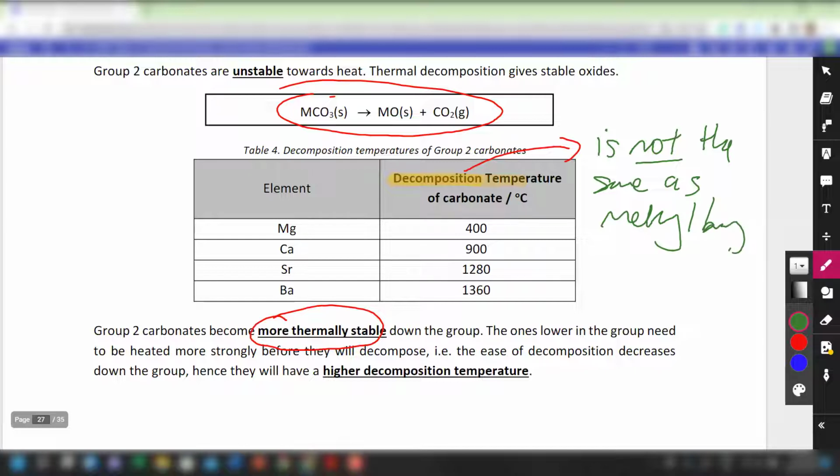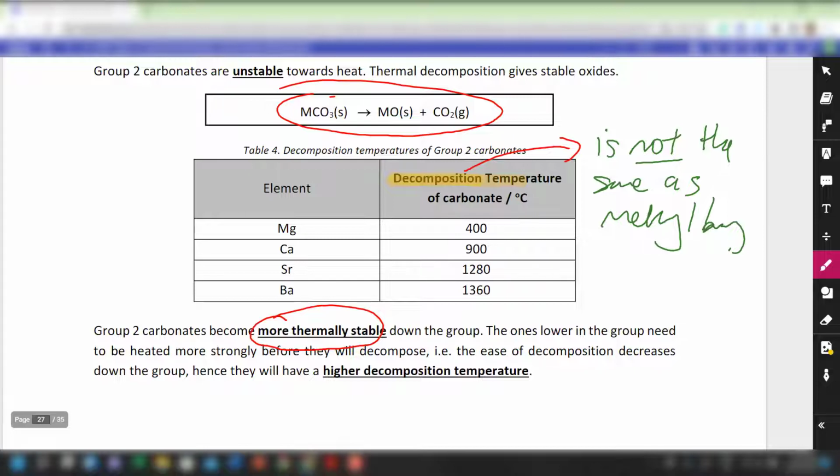Decomposition simply means that before the compound melts or vaporizes, it gets chemically converted into another compound. So remember that decomposition is not a physical process. It is a chemical process.